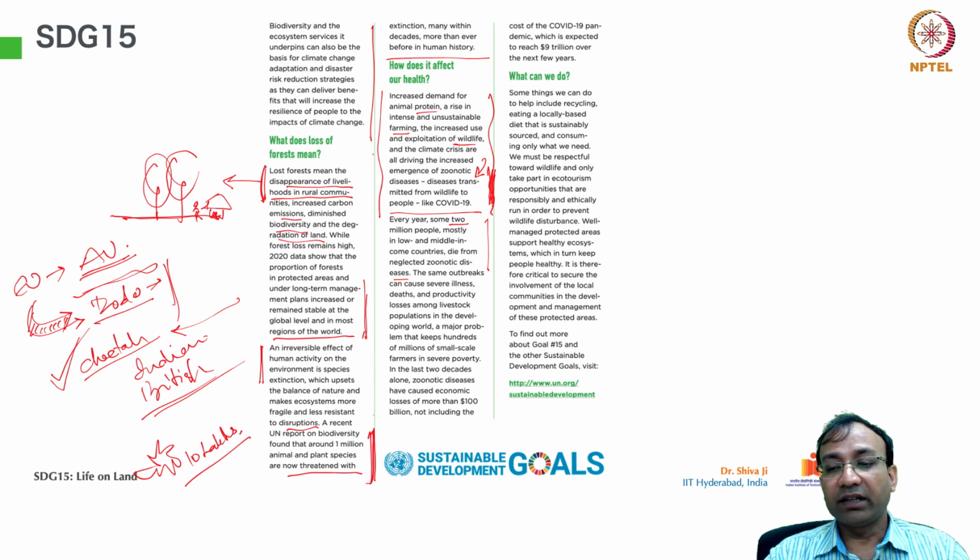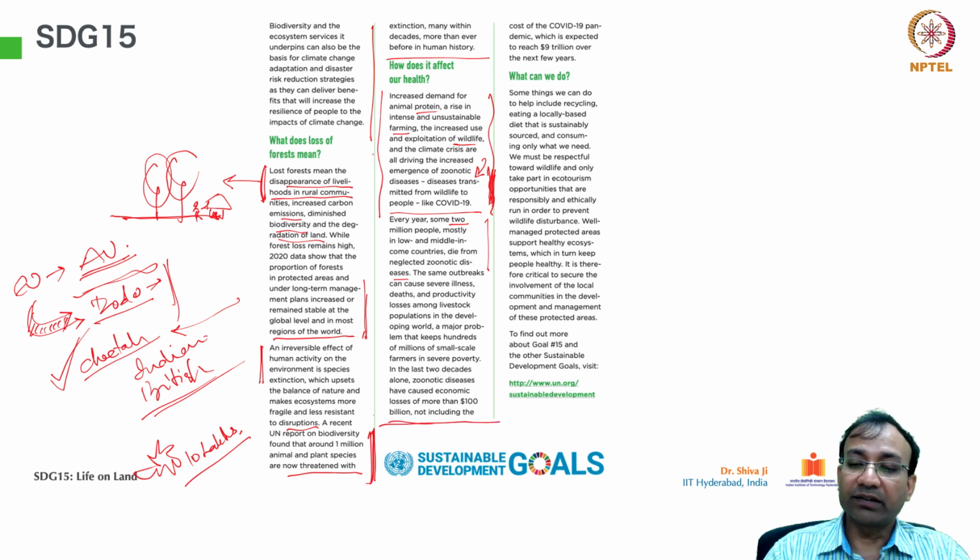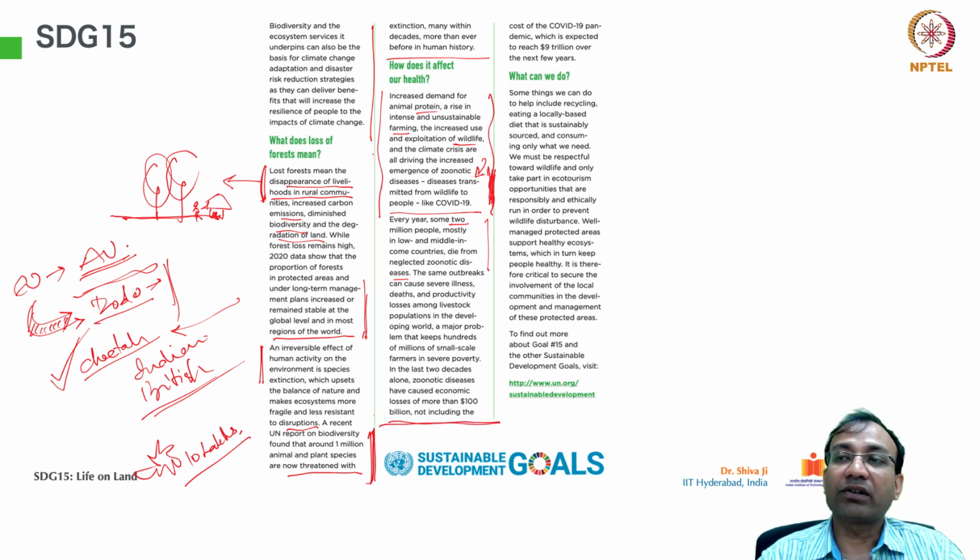In the last 2 decades alone, zoonotic diseases have caused economic losses of more than 100 billion US dollars, not including the cost of the COVID-19 pandemic, which is expected to reach 9 trillion US dollars over the next few years.